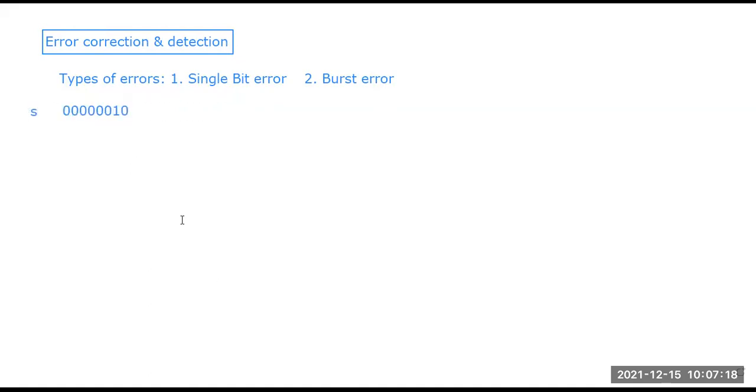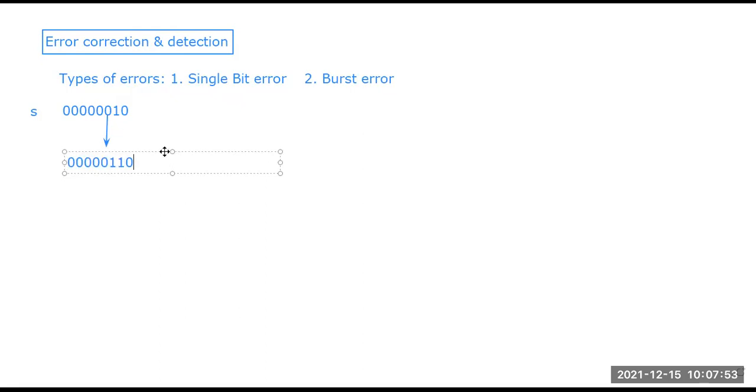Now during the process of transmission, any one bit of the data gets corrupted or changed. Suppose this 0 gets changed, and now the data looks like this: 0 0 0 0 0 1 1 0.